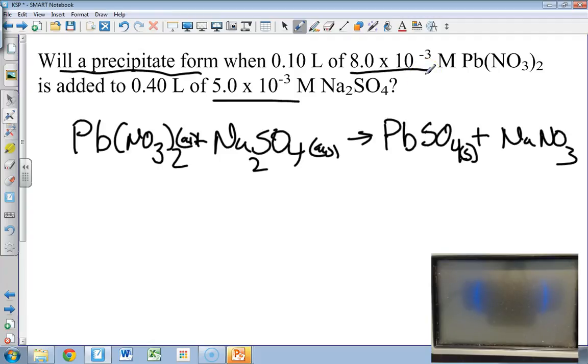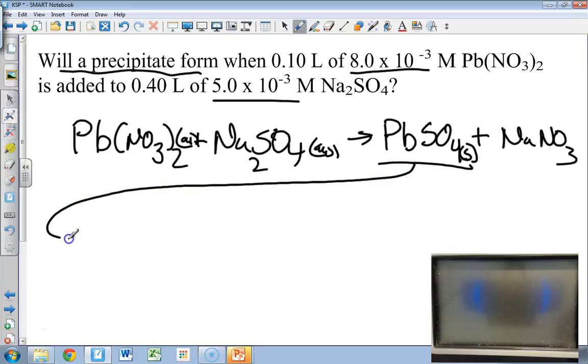Will a precipitate form? Okay, so now this type of question leads us into that sort of Flint, Michigan story where, you know, how much lead is too much lead, or how much lead are we going to have in the water. Okay, so this is a double replacement reaction. This is the product of the double replacement reaction.